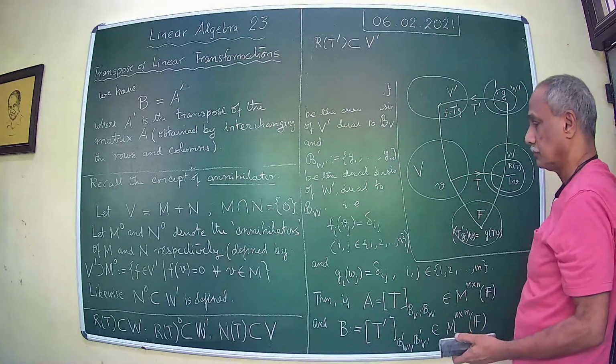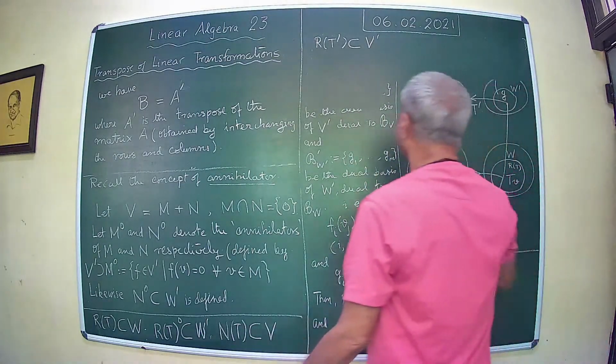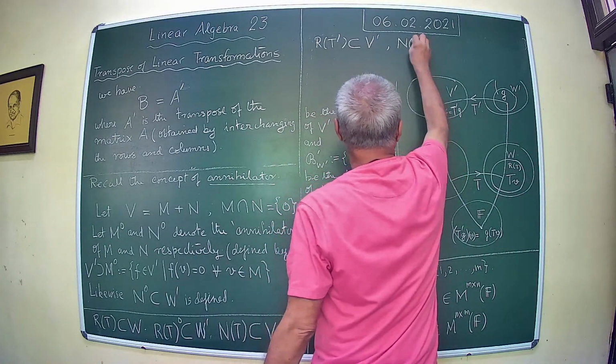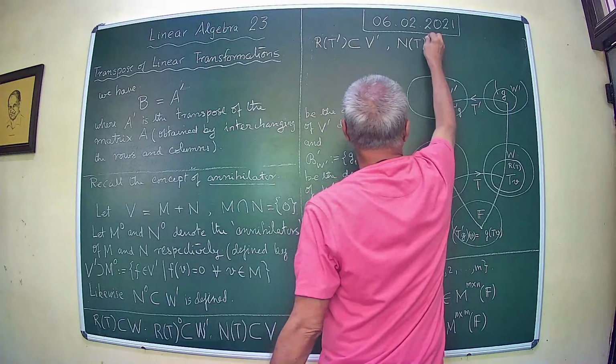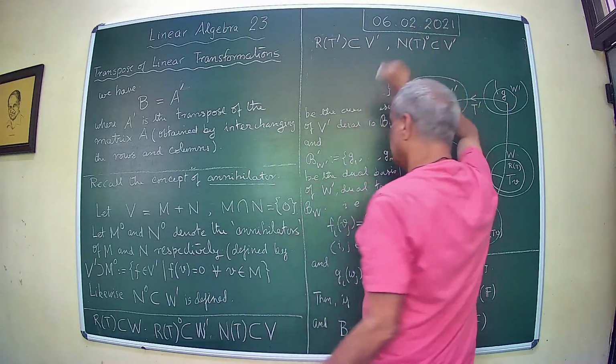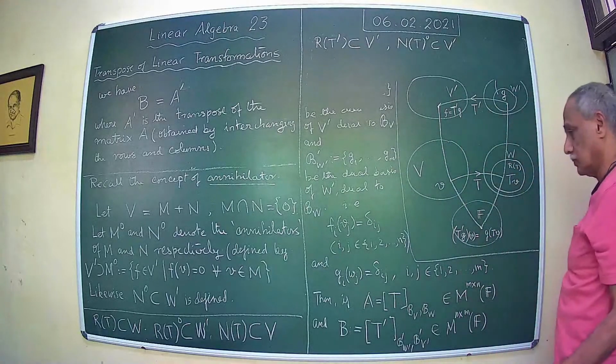Okay. Now what about the annihilator of the null space of T? This is certainly contained in V prime.